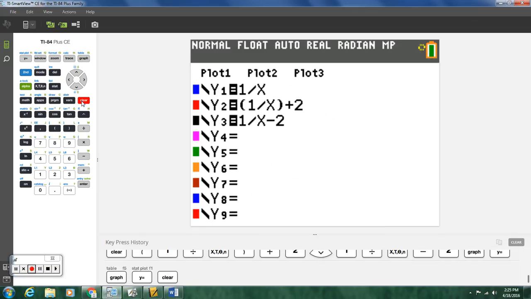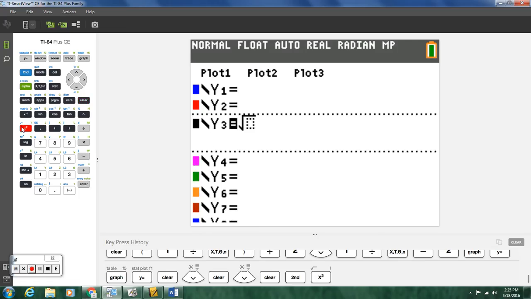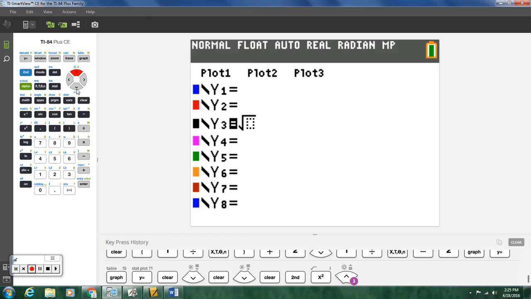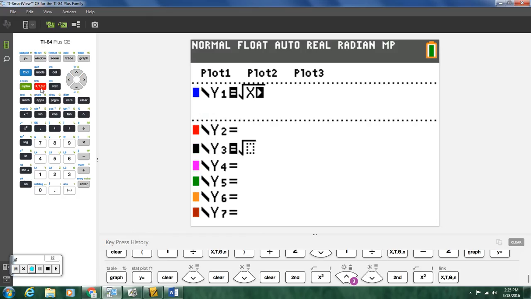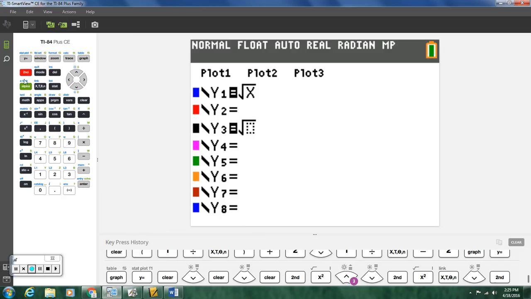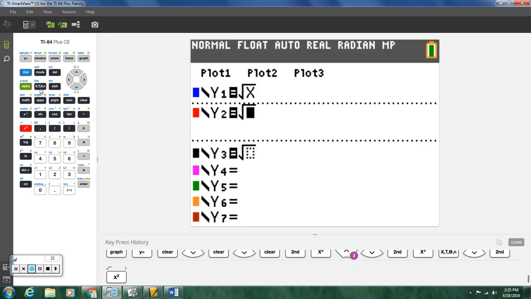So if we go in and put square root, you got the parent function, the square root of x. Now this one you gotta be careful. If I do the square root of x, and I just go ahead and hit plus 2, why is that incorrect? The plus 2 is inside the square root of it. So you gotta be careful on this one.